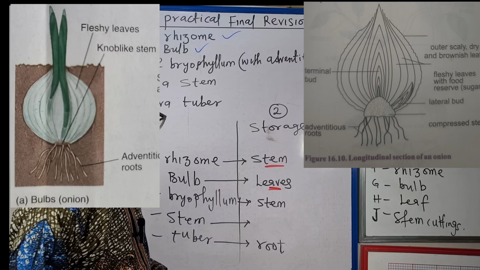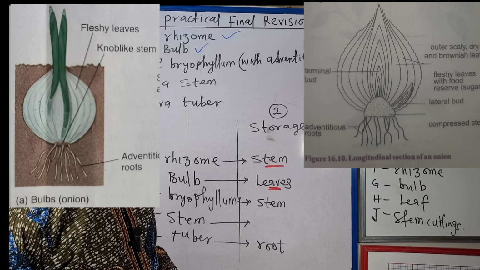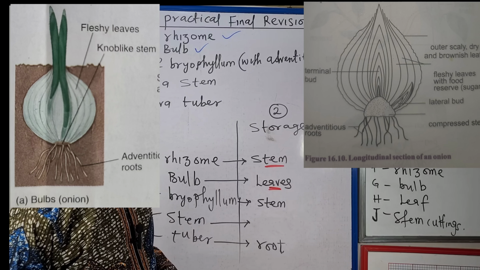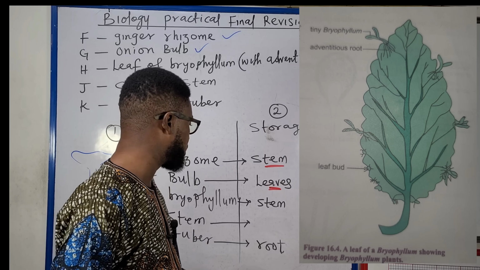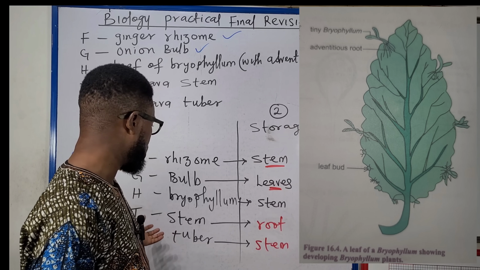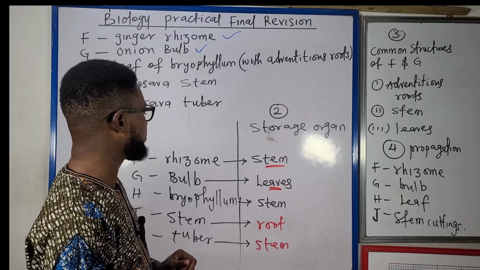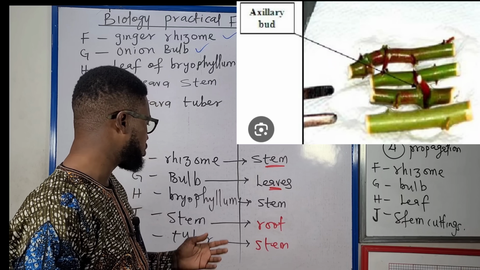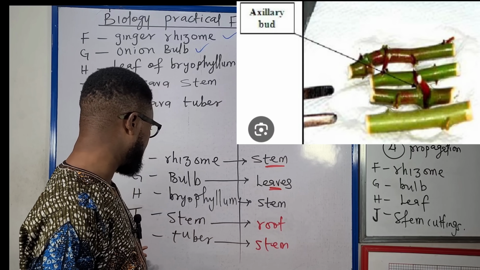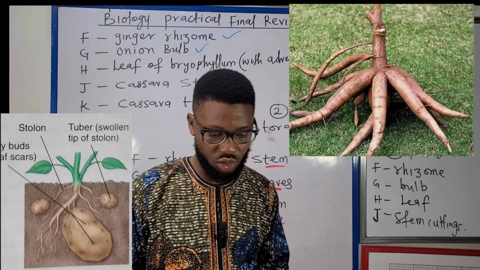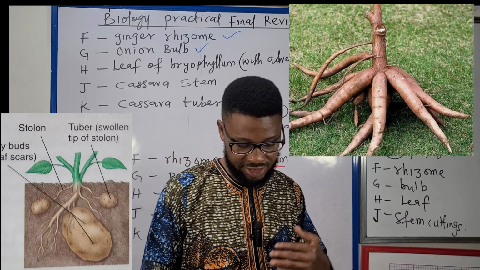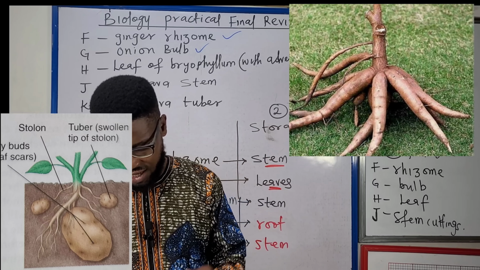Food is being stored in the fleshy leaves. Okay, talking about bryophyllum, food is stored in the stem. When you talk about the cassava stem, it is actually stored in the roots. And when you talk about cassava tuber, the food is actually stored in the stem. So that is how that works.